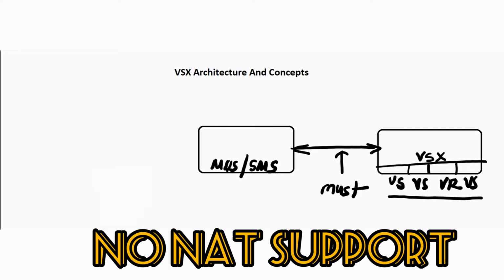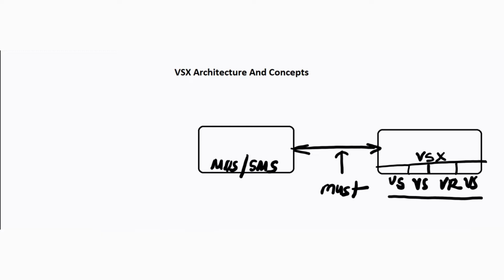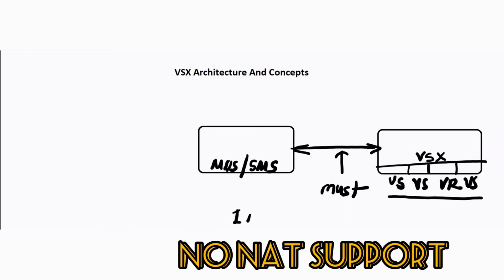For one, there is no support to manage a VSX gateway when the management server is behind NAT. So if this connection is behind NAT, then there is no support for proper communication between the MDS and the VSX, because there is no support as of now from Check Point for this configuration.